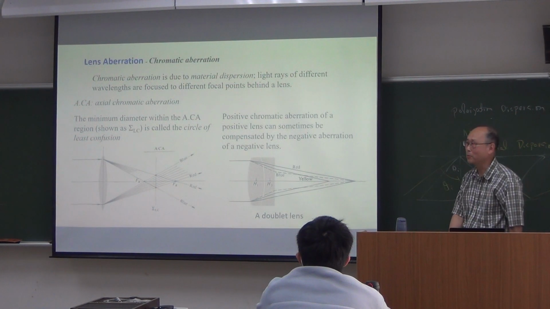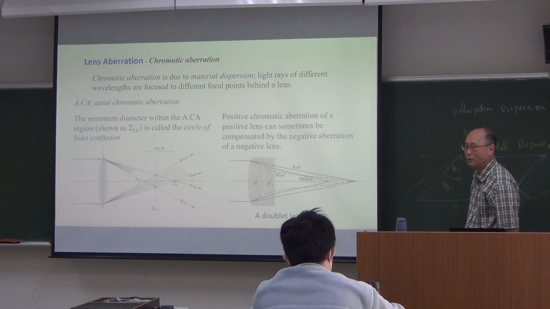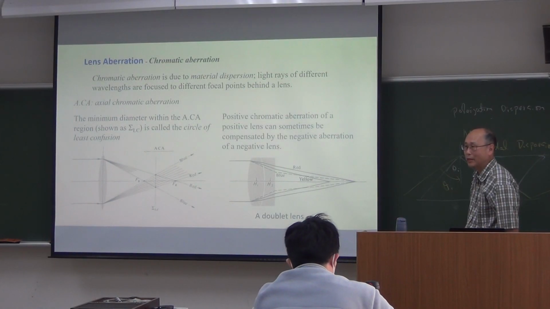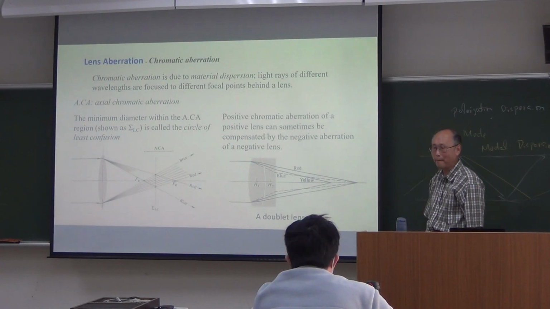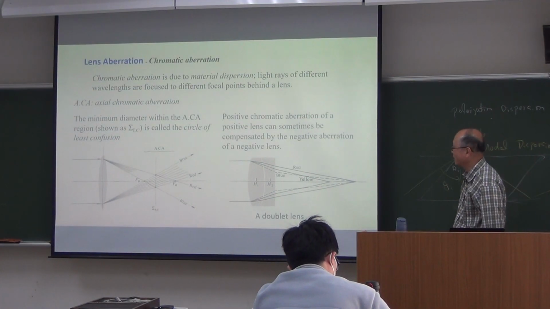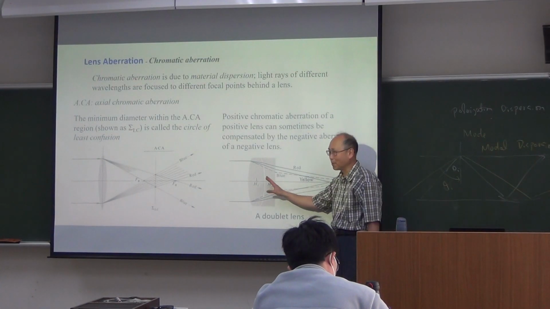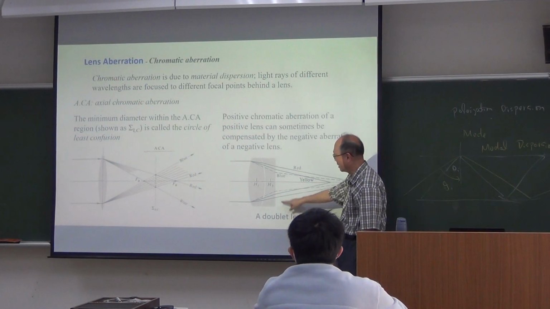This is a very simple correction mechanism: you use negative aberration to correct positive aberration. And we're going to come to this point later, okay? But just to let you know, you can play with the surface, the positive lens and negative lens, to correct this chromatic aberration. Okay, and this is called a doublet lens.